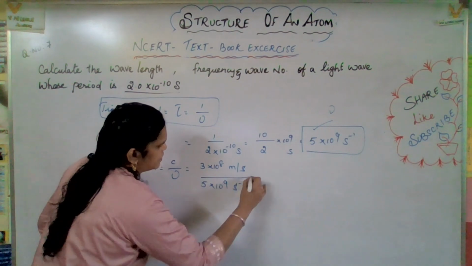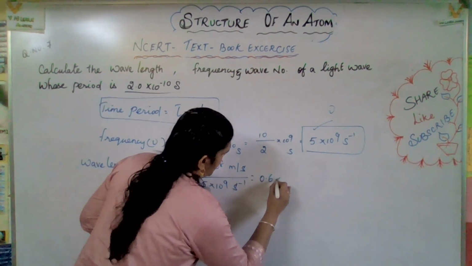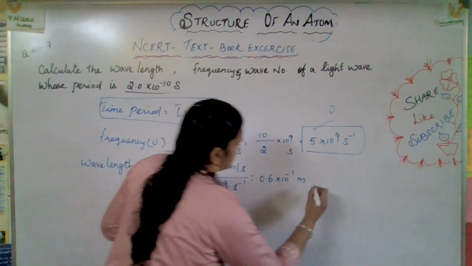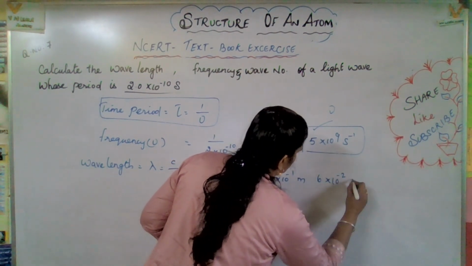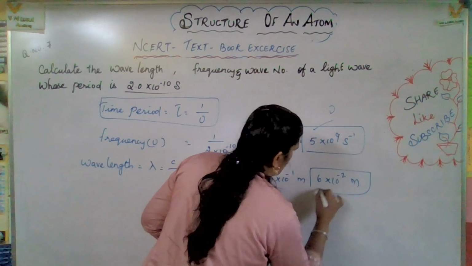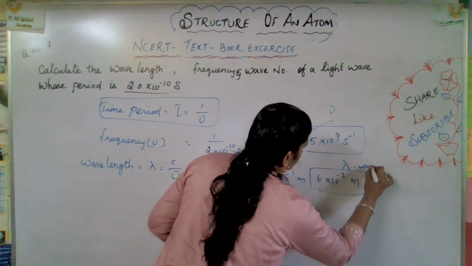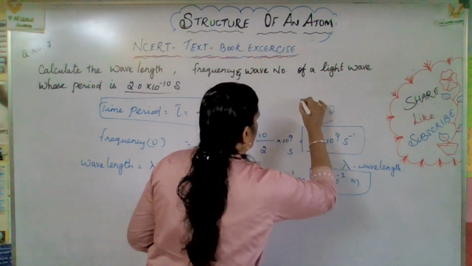So this one and this one will be cancelled. So here we get 6 into 10 to the power of minus 2 meter. So this is the lambda value, the wavelength. And this is the frequency.